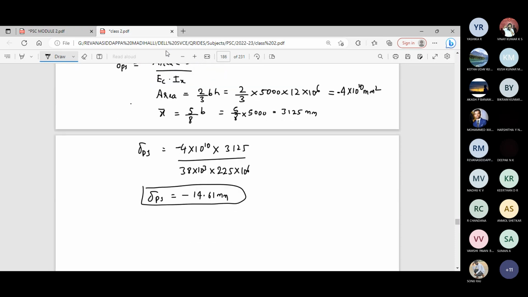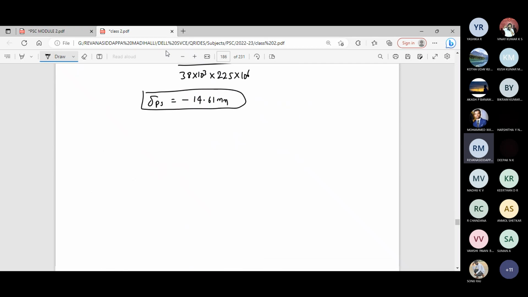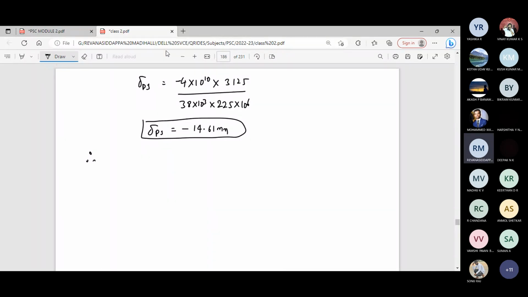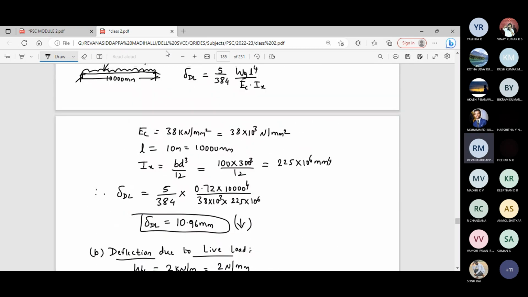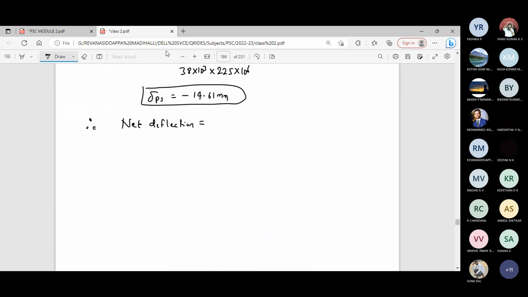Now we have calculated deflection due to dead load, live load, and the pre-stress. Therefore, the net deflection is equal to deflection due to dead load 10.96, plus 30.45, minus 14.61, which gives how much? 26.8 millimeter.